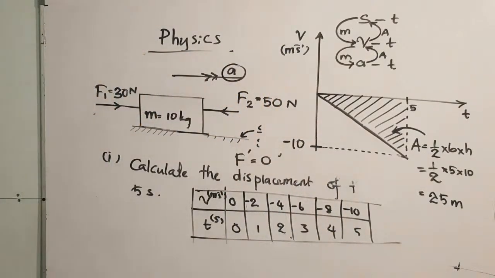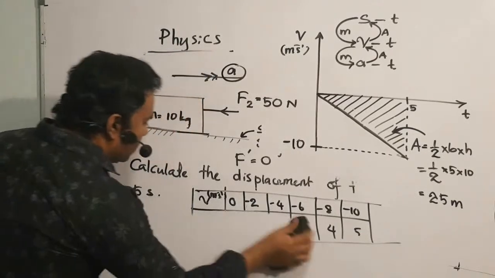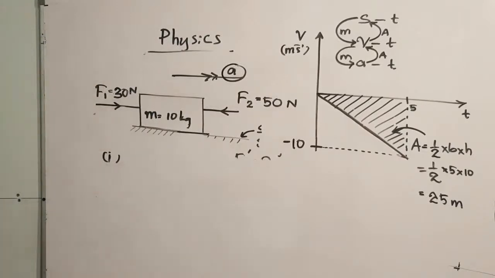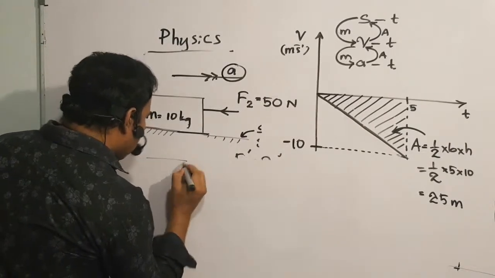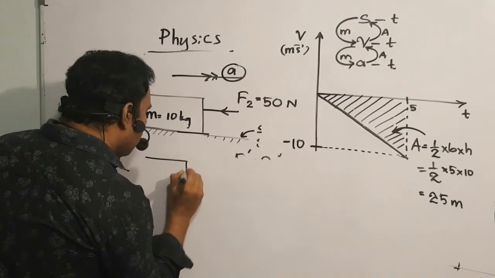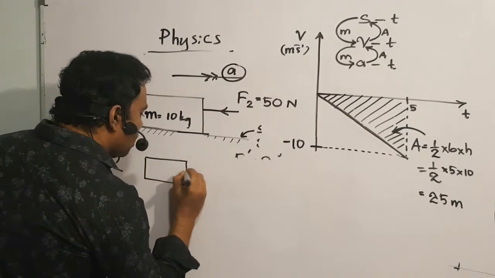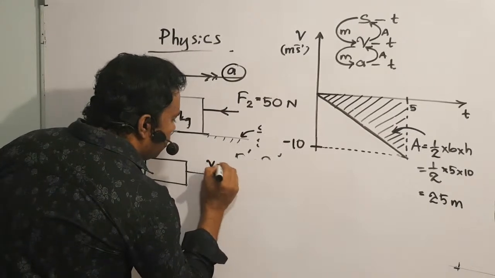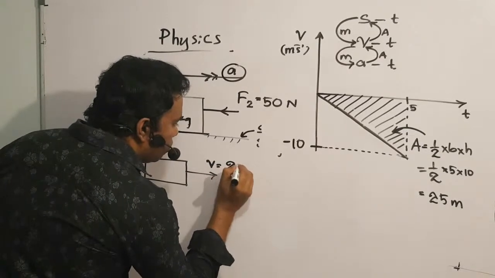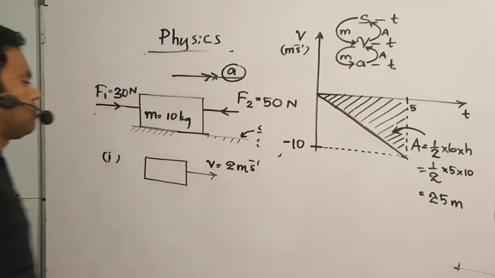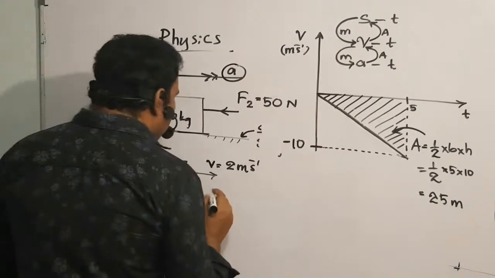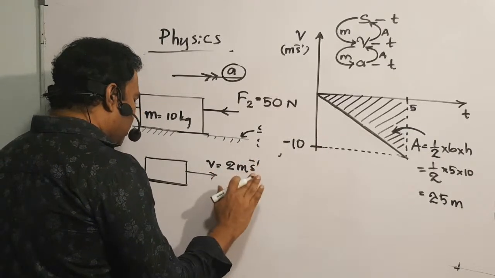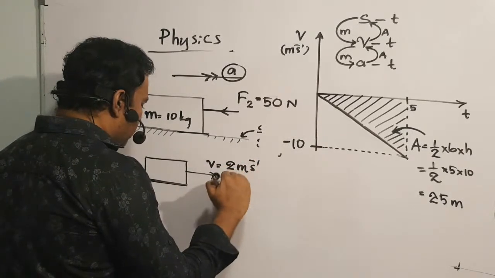So now I'll ask questions like this. If any object is moving at a uniform velocity of 2 meters per second, not acceleration, so that's uniform velocity.